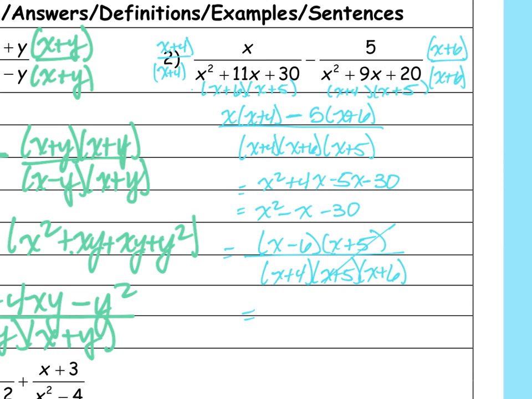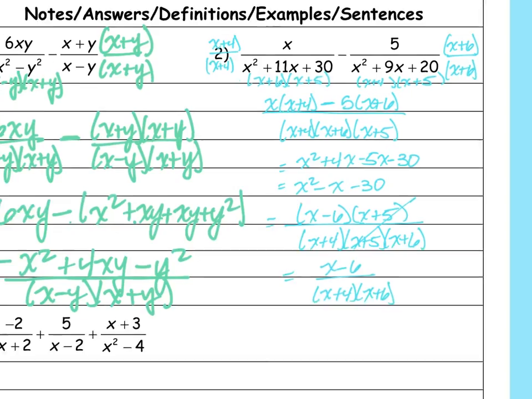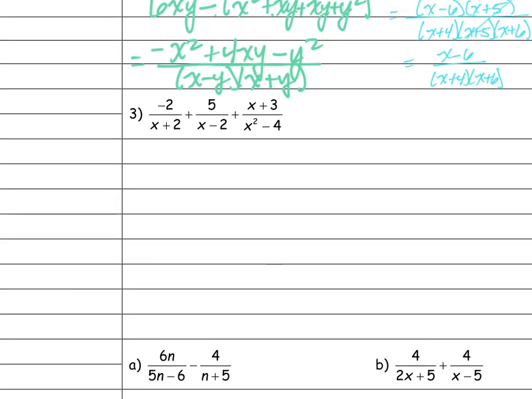That is better. So I'm going to get x minus 6 over x plus 4 times x plus 6. Okay, I multiplied wrong. There we go. That's a little better. Still ugly. Okay. And then the last problem.